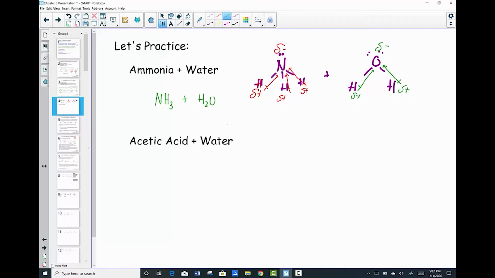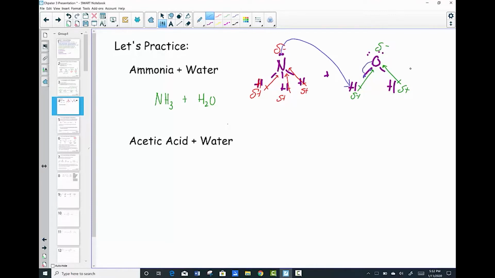So knowing that opposites attract, we see a proton transfer originating from the lone pair of the nitrogen heading out towards the positive region on the water molecule. When it does so, a proton is transferred. So the shared pair in this covalent bond then collapses back onto the oxygen.